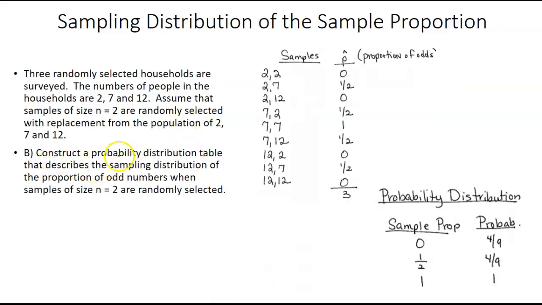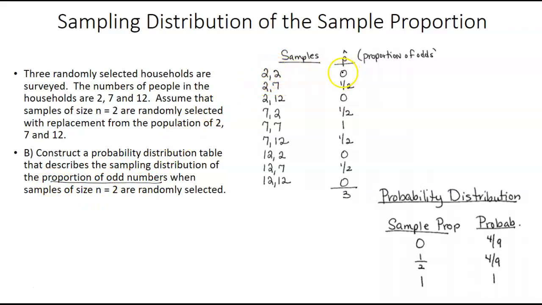Okay, part B, construct a probability distribution table that describes the sampling distribution of the proportion of odd numbers when samples of size n equals 2 are randomly selected. So we're going to look at each one of our samples, and we're asked to look at the proportion of odd numbers. If I look at this sample, neither of those are odd numbers.